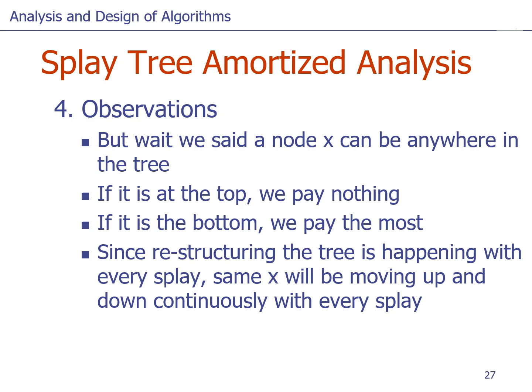So every time we go up, we can deposit money in the bank. The next time we want to move it up, we're not going to spend that money because we already moved it up. And every time it goes down, we have to take money from the bank, because if we try to splay later on, we'll have to actually spend that money to splay it up.